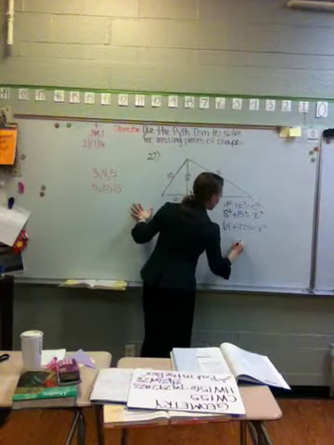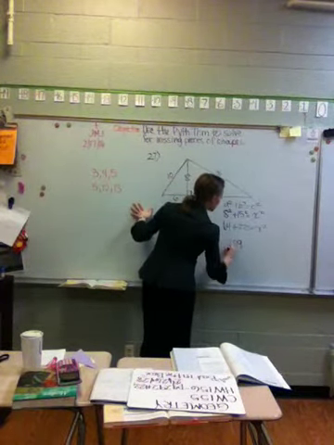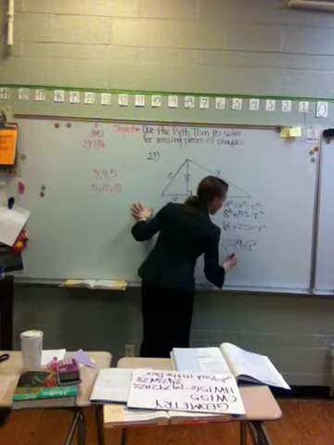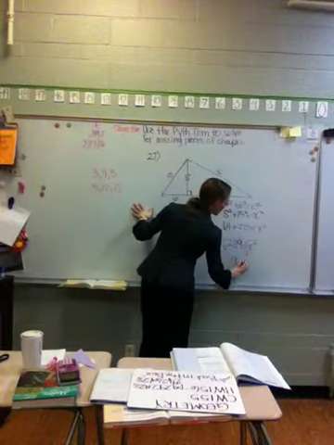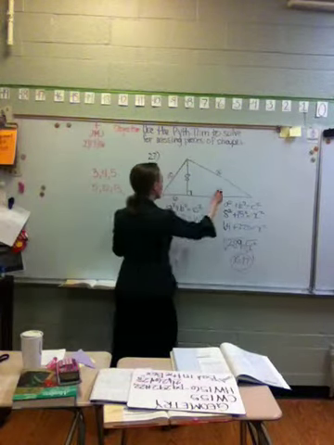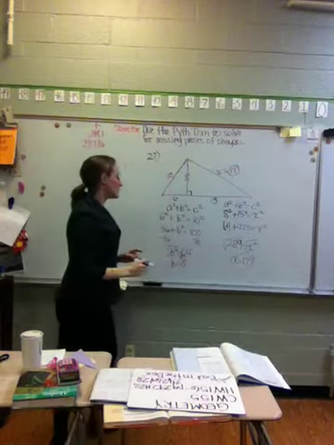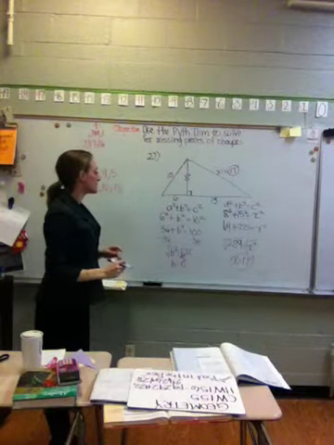What do we have? 289 is equal to x squared. Take the square root of both sides, and I should have x is equal to 17. So this is equal to 17. Yeah, and that's our answer.